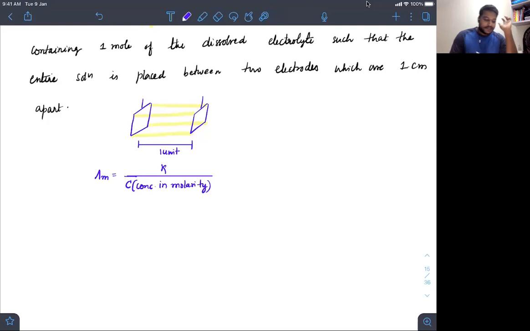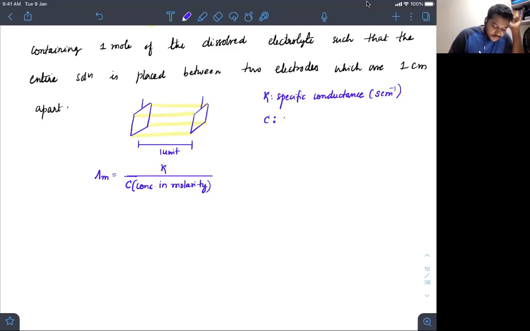Formula based, what it is: first, what is kappa? Kappa is specific conductance. We have learned this before. Units for specific conductance were Siemens centimeter inverse. I'm taking everything in centimeters for our understanding. And what is concentration in molarity?